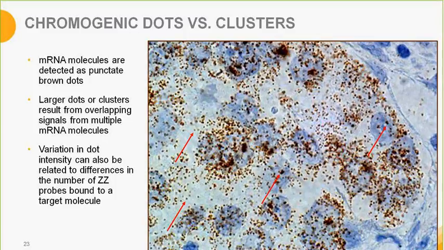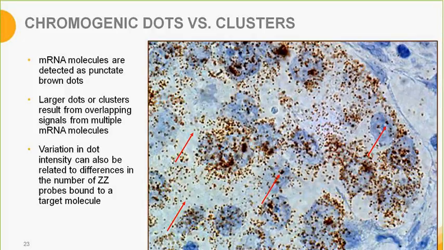So starting with the difference between a dot and a cluster, the differences are highlighted in this current image. Single messenger RNA molecules are detected, as shown here, as single punctate brown dots, while larger dots, for example, shown here, which can also be referred to as clusters, result from overlapping signals from multiple messenger RNA molecules.